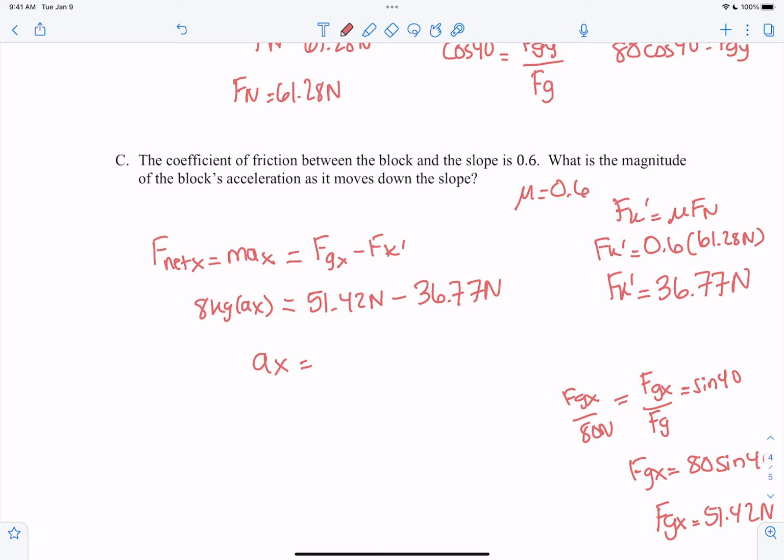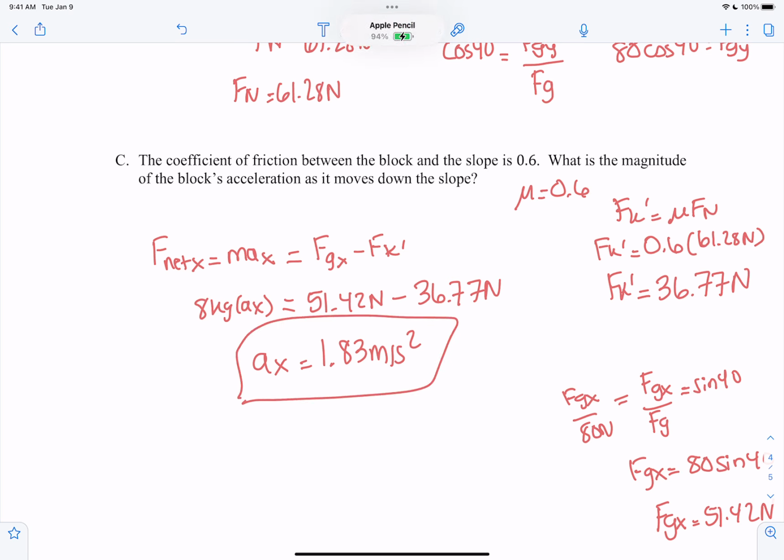So we just take 51.42 minus 36.77, and then divide that by 8 kilograms, and that should give us around 1.83 meters per second squared, I believe, if I did my math correctly.